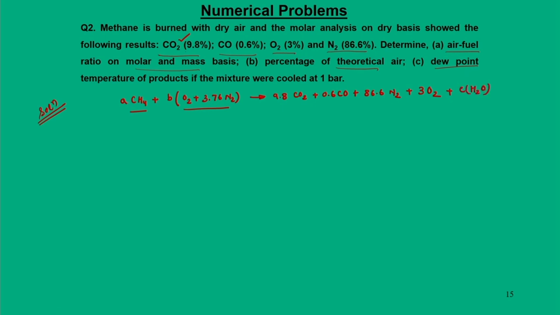So, basically unknowns are the stoichiometric coefficients of methane, air and water. Known quantities are the molar analysis for CO2, CO, O2 and N2. So, we have to do the balancing of stoichiometric coefficients.